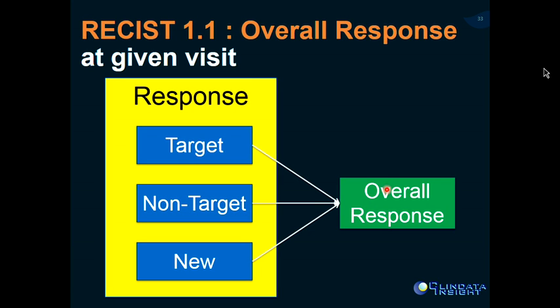So how are we going to determine the overall response at any given visit? We determine the response for the target, non-target, and new lesions. And then we determine the overall response for that subject at the given visit.